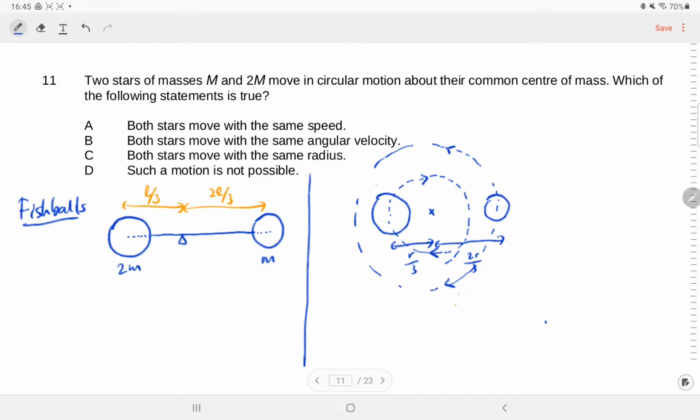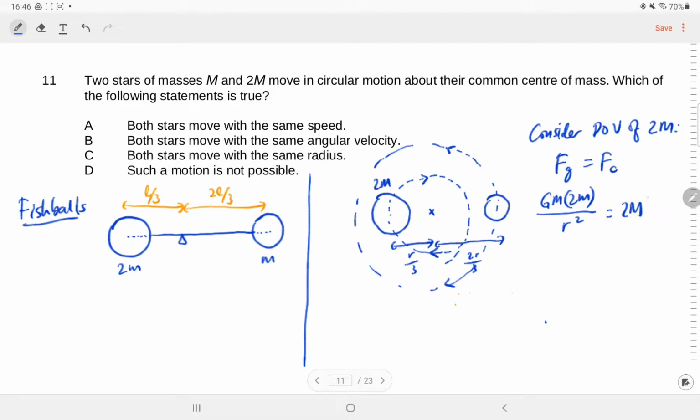So with that, let's work out the mathematics of this thing. Suppose we consider 2m, from the point of view of 2m. So Fg provides for Fc. We have G times m attracting 2m, over r squared, equals 2m times the radius. When you talk about m r omega squared, you're talking about the radius of the circular motion.